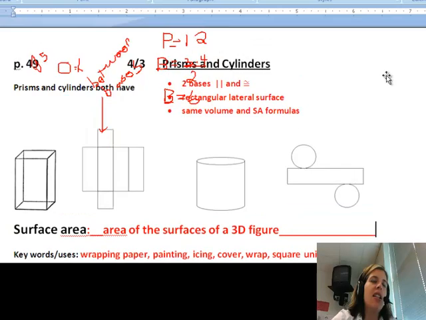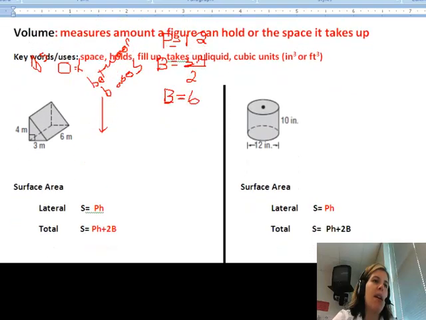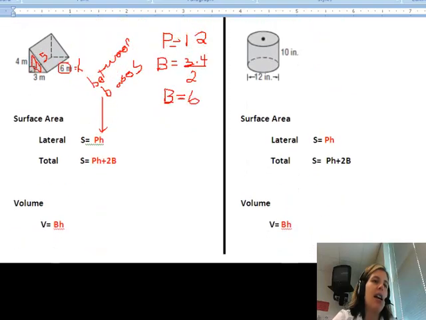If I look at that rectangle, the up and down part, the vertical part, is the height, and the other part is what would wrap around my base. That's what makes that the perimeter of the base. So that's where it comes from, perimeter of the base times the height. In this case, it would simply be 12 times 6, which is 72.